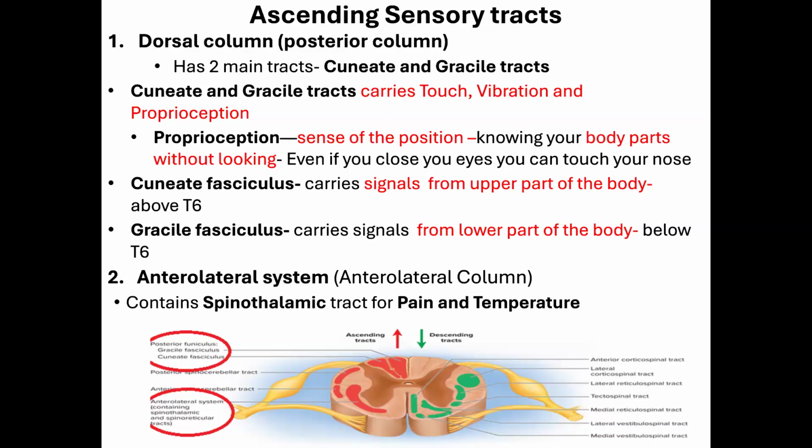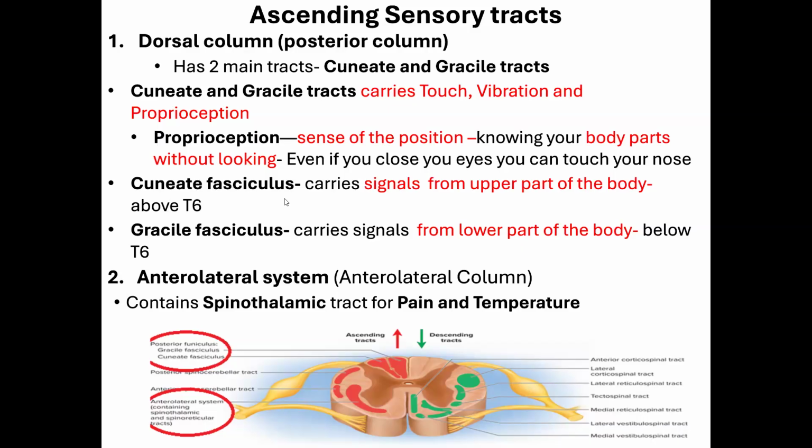Even if I move the hand a little bit, I can still touch it, right? That is because I have a sense of position. That means you can close your eyes and still know where your hand is. So this is a sense of position, and this is called proprioception. This is the easiest way to understand what proprioception is.